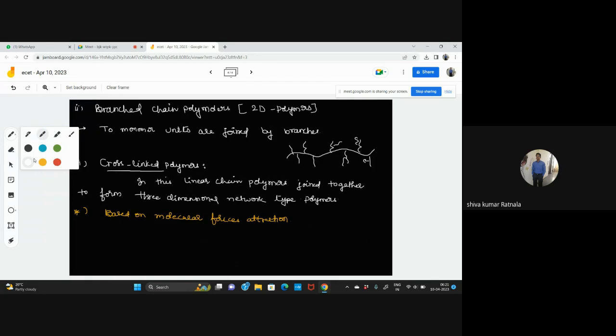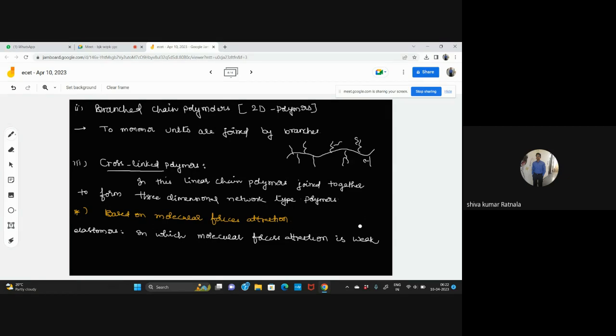First one is elastomers. Elastomers means the molecular forces of attraction between polymer units are weak.